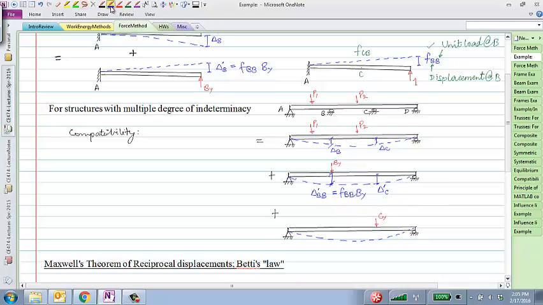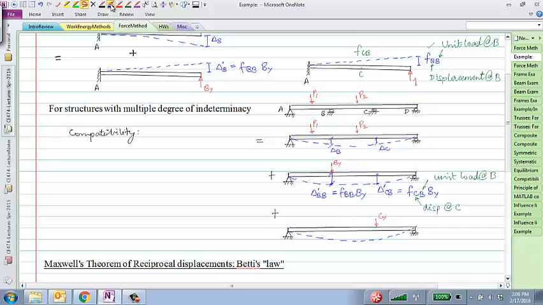And this one I'll say is delta CB, which is FCB times By. What is FCB? That C means displacement at C, and the second B means unit load at B. So when I use these two subscripts, the first subscript denotes the point at which we are measuring the displacement, and the second subscript denotes the point at which the load is applied.